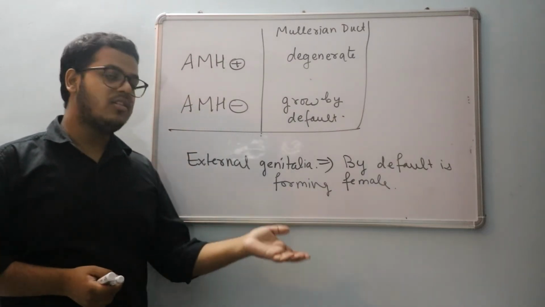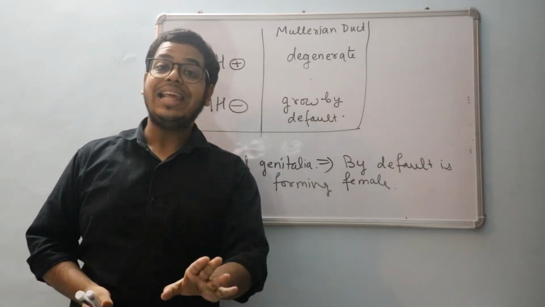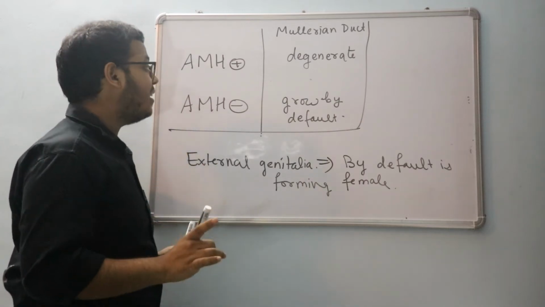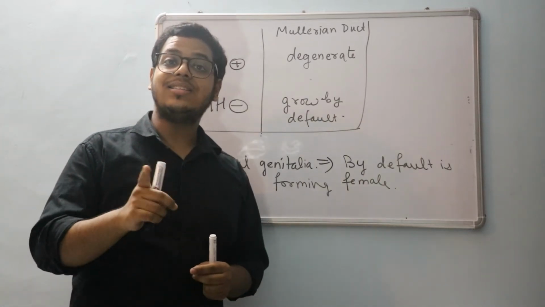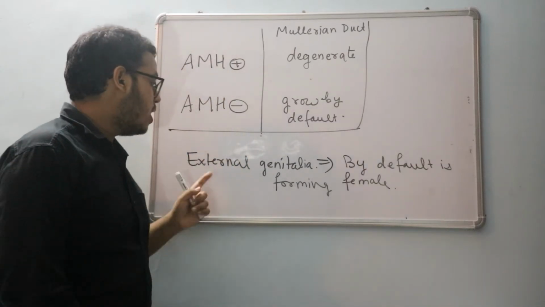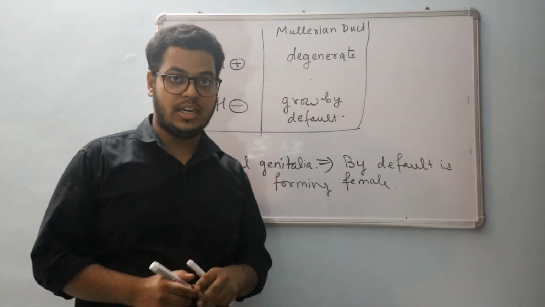The precursors for the external genitalia will by default form the female external genitalia, only if a potent androgen, that is the DHT, is present. If DHT is present, that is a potent androgen, then only external genitalia will form a male external genitalia.